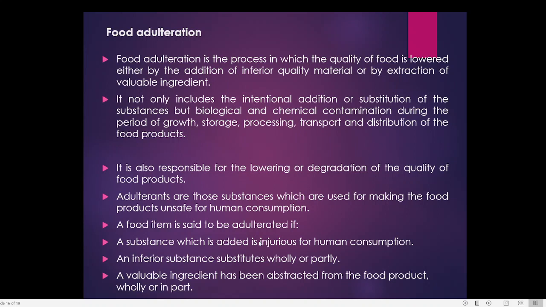A food item is said to be adulterated if the substance which is added is injurious for human consumption. That is one case. Another is inferior substance substituted wholly or partly. Sometimes in rice people will be adding stone. So that is a case of food adulteration. A third is when a valuable ingredient has been abstracted from the food product, wholly or in part, like removing the fat from milk.